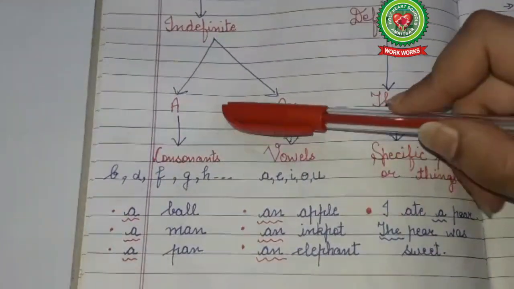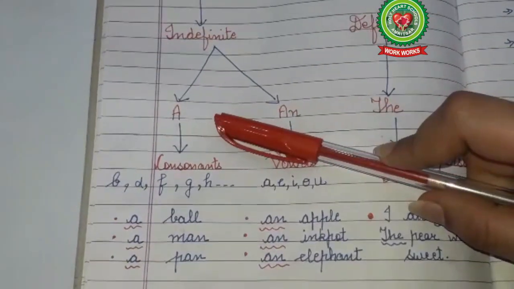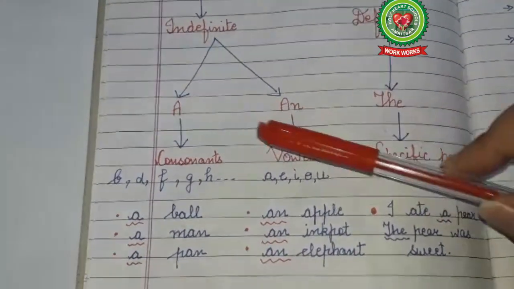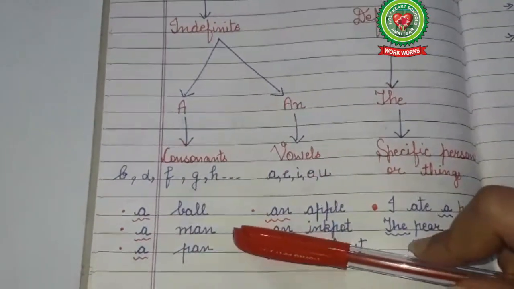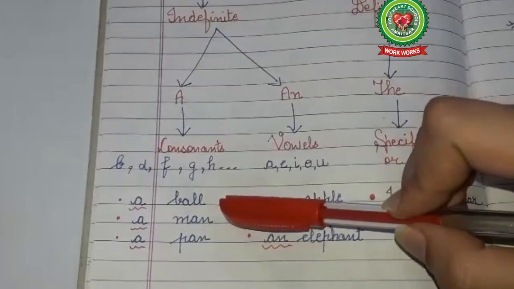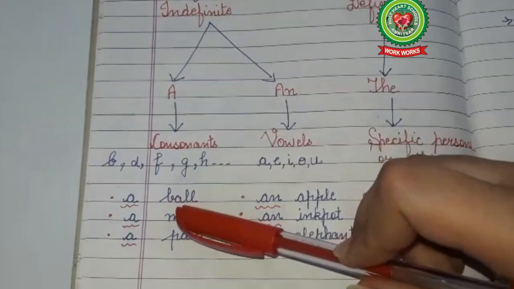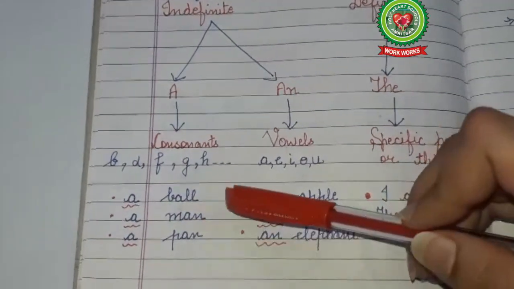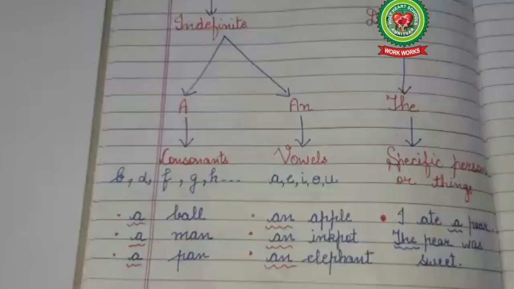Now come to the use of article a. Article a is always used with singular countable nouns beginning with a consonant or consonant sound. Look at these examples. Number 1, a ball. Here the word ball is starting with the letter B. B is a consonant. It is giving the sound of B. So here we have used the article a.